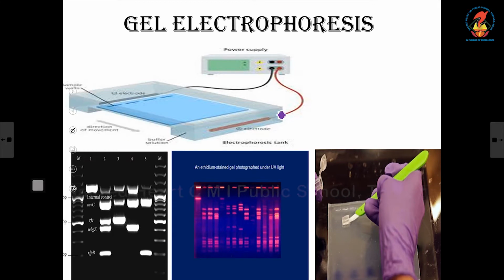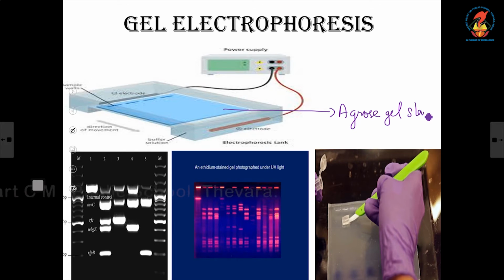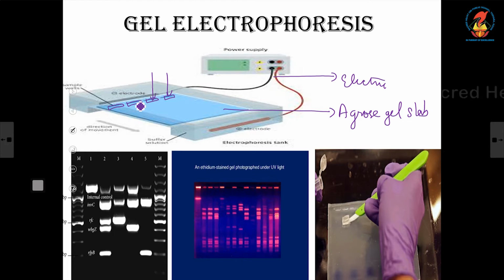See, this is an agarose gel slab in the form of a slab. It is made up of a seaweed, agar, and electricity is made to pass. See, electric current is made to pass, and here you can see some wells. Wells means some incisions. Into these incisions, cut fragments are fed or put.